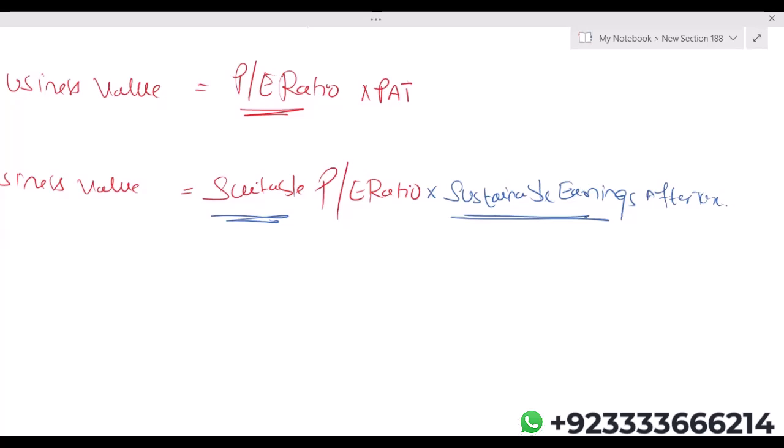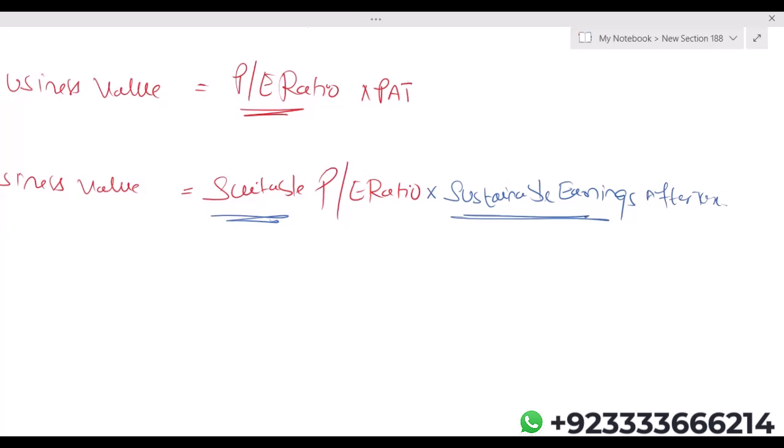So whatever P ratio we have calculated, we will reduce that P ratio to make it suitable for a private company. For example, you can take 80% of listed company P ratio to value a private company. You can take 2/3 of listed companies' P ratio for a private company.